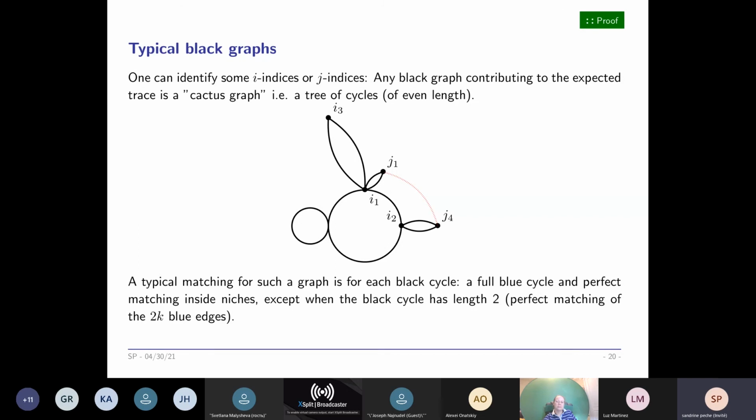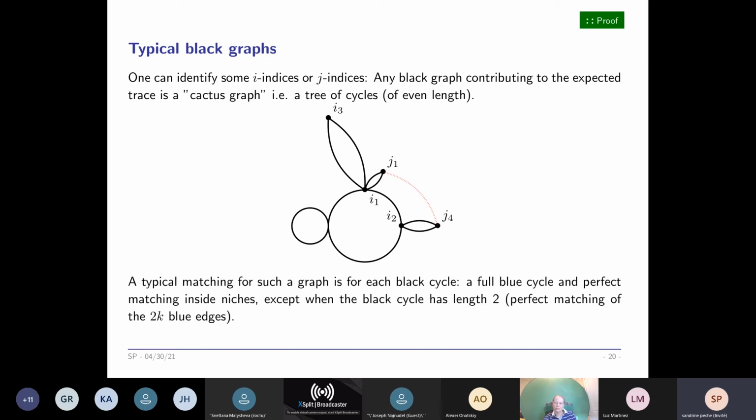And once you have formed these black graphs, then one does the same thing regarding the blue matchings. This is always the same. So for instance, a small black cycle of length 2 will give a contribution which is theta 1. Instead, a long cycle of length 2q will give a contribution which is theta 2 to some power.